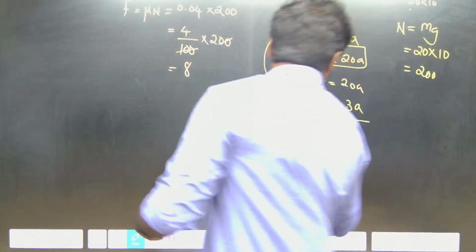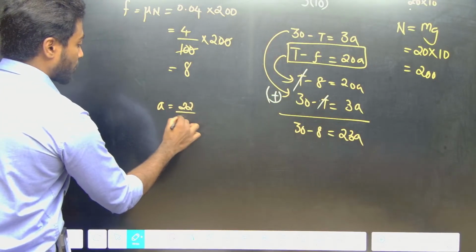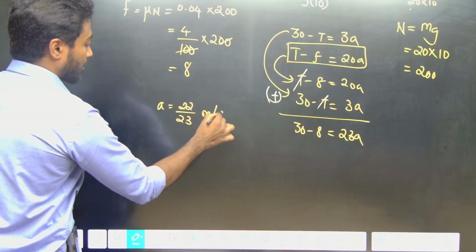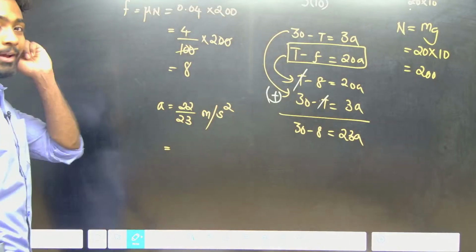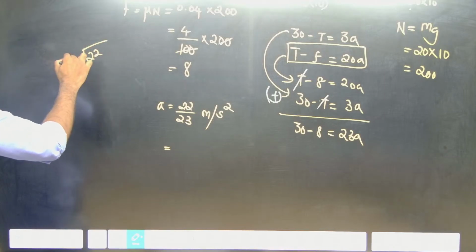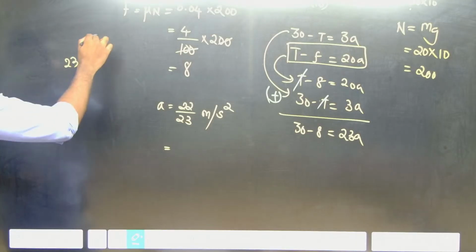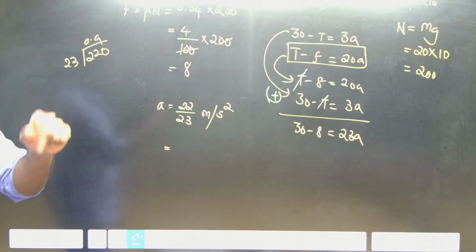And the units, acceleration is equals to 22 by 23 meter per second square. Still, if I want to find it, I can write it. So 22 by 23, 23 divide, 0.9 times it will come.